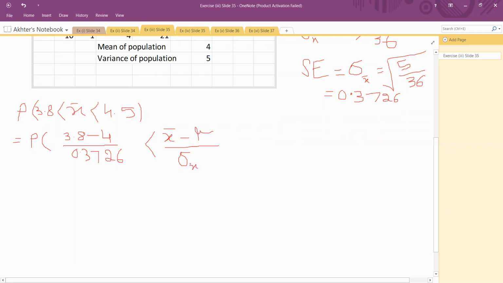This is the standard version of the z-score. On the right side, we have 4.5 minus 4 divided by 0.3726.